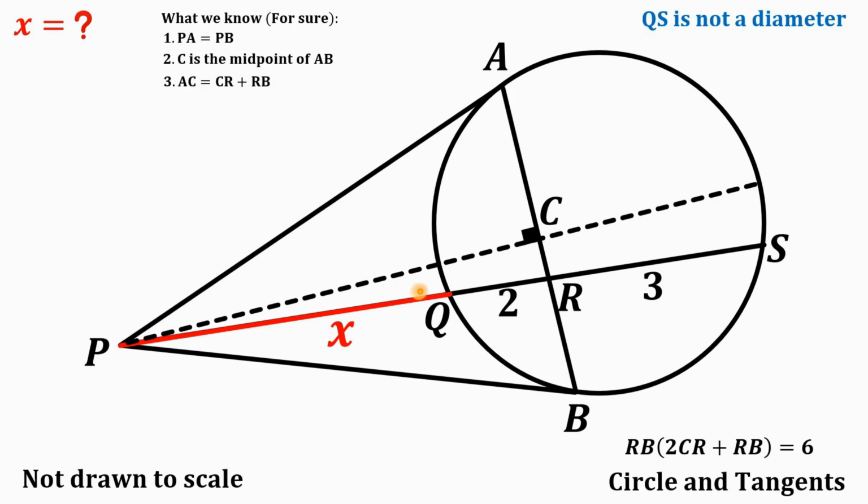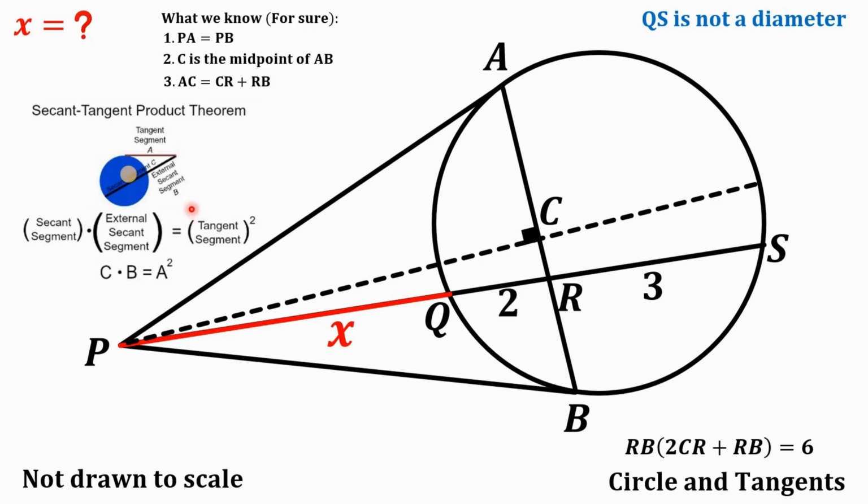Now, another theorem that we can use in this given is what we call the secant tangent product theorem. If we have a tangent segment and a secant segment, we can use this theorem. So we have the secant segment times the external part of the secant segment equals the tangent segment raised to the power of 2.